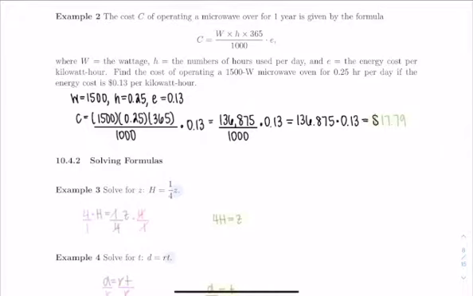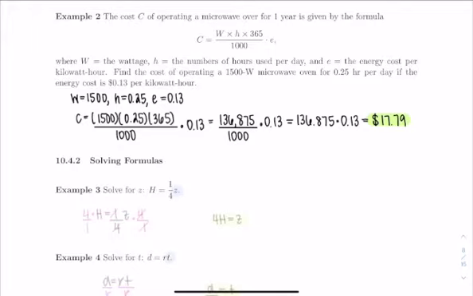Let's go ahead and round this because we are talking about money. We're going to round this to the nearest cent. So it's going to cost $17.79. And that's how much it will cost for a year.